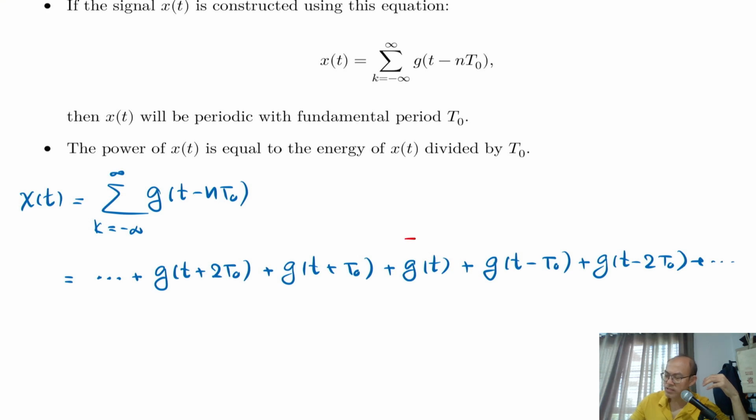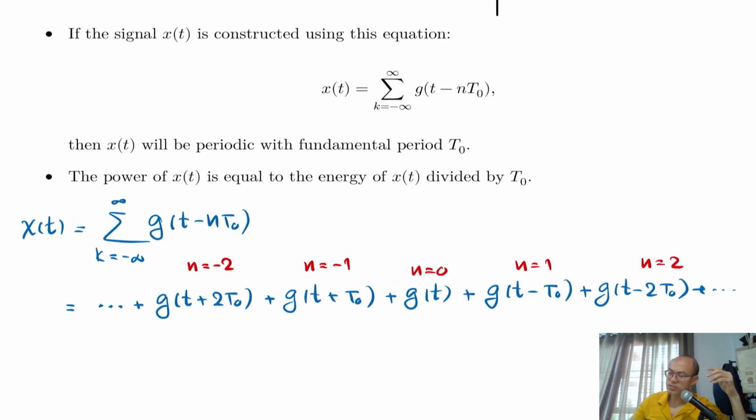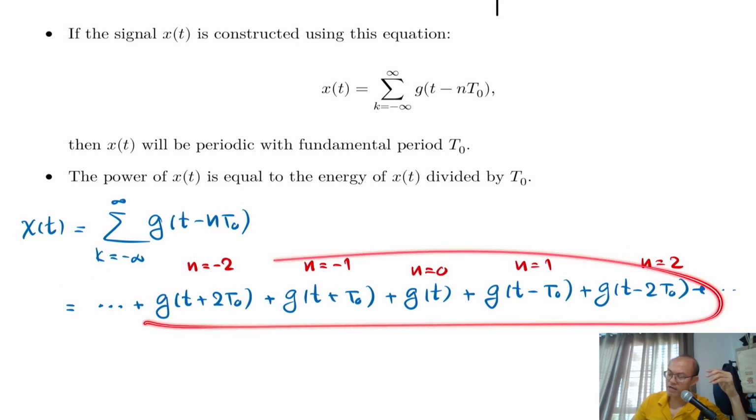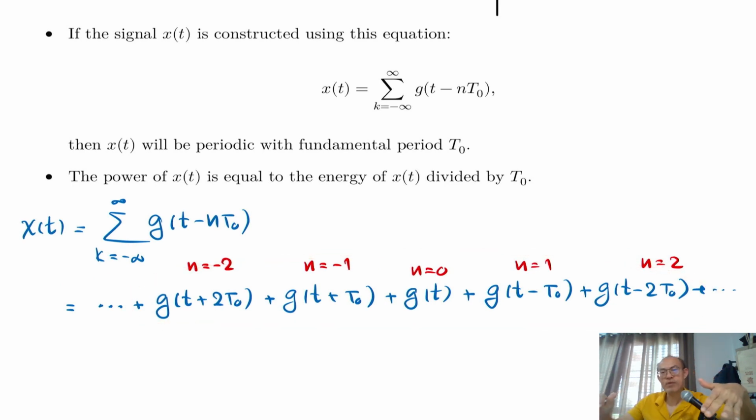Okay, and this is when n is 0, n is 1, n is 2, n is minus 1, n is minus 2, right, and so on. So what we do is we put these graphs together on the same axis, right?